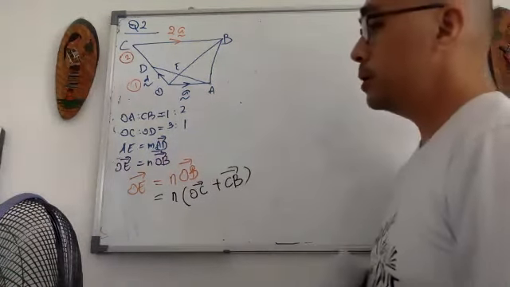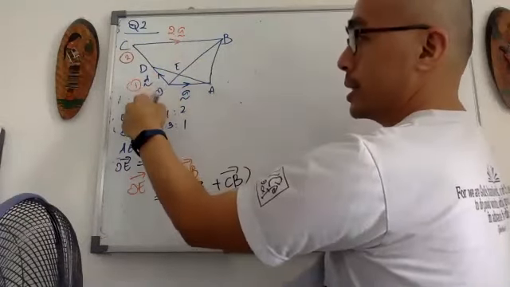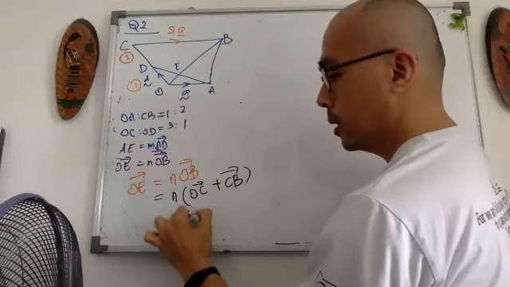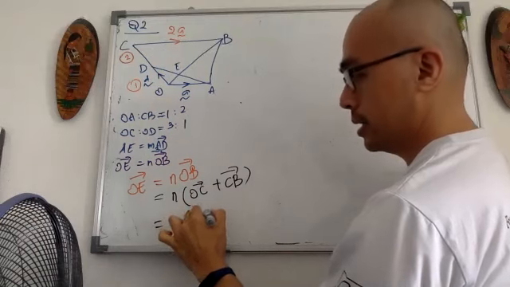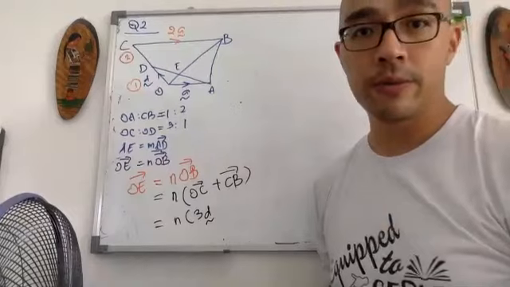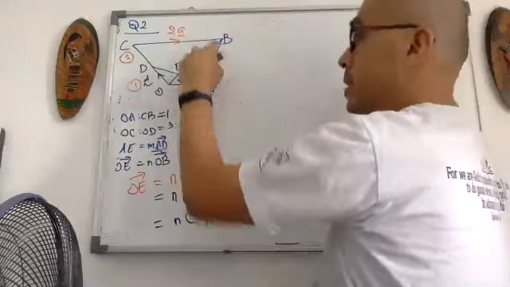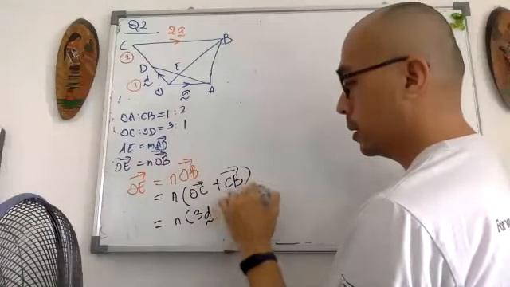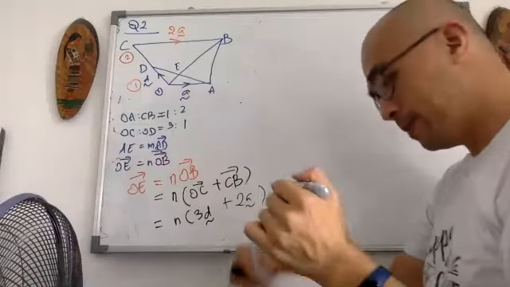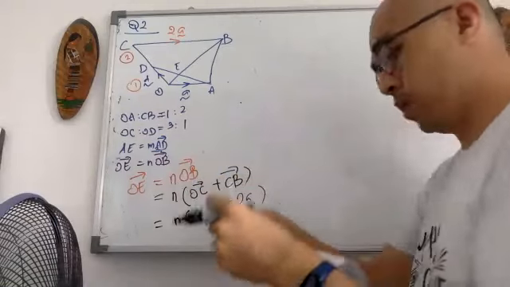Okay. So OC. If OD is vector D, therefore OC is 3 vector D, 3 parts altogether. Plus, now the problem is CD. Our CD is 2A. There's something very strange about this question, but it's okay.